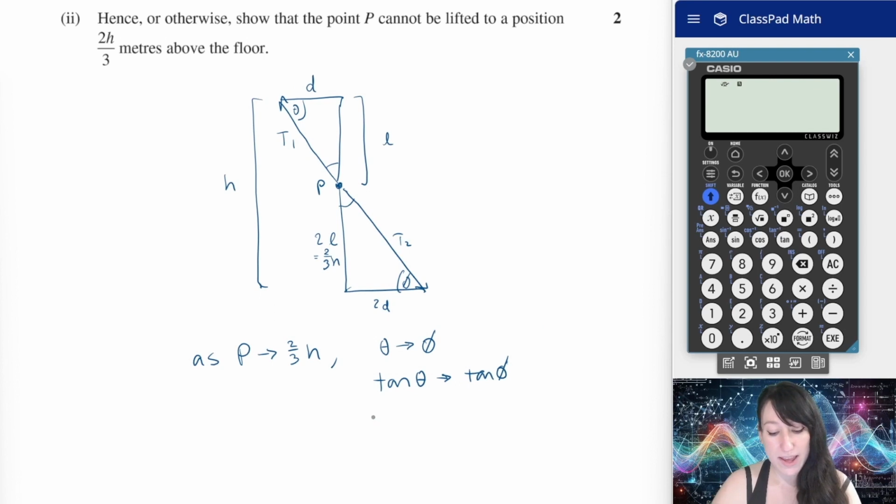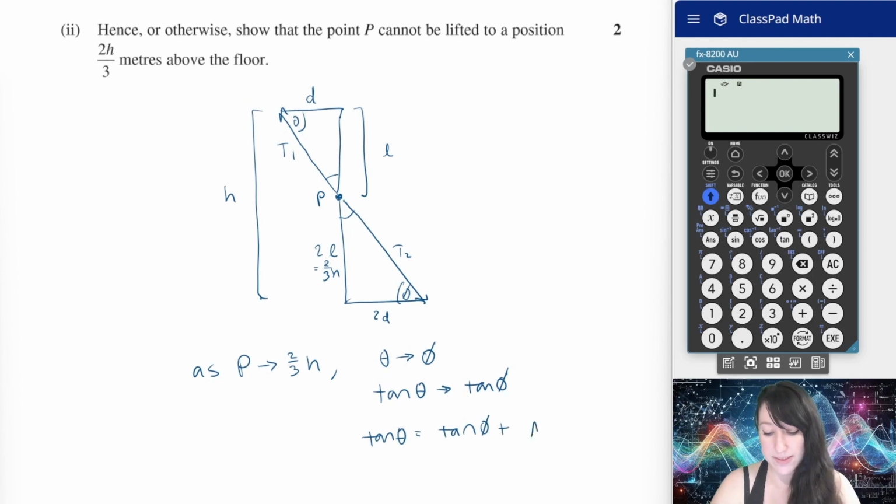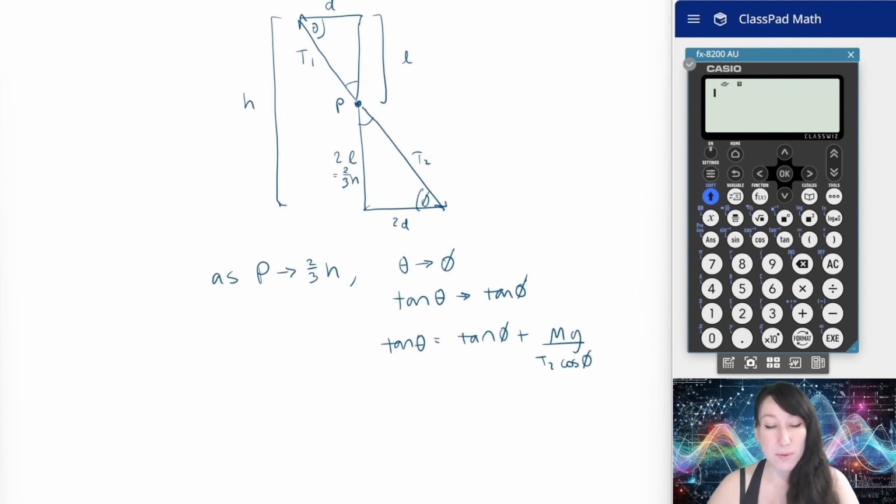And if that's the case, then tan theta will be approaching the value of tan phi. Now, from part 1, we had tan theta equals tan phi plus mg over T2 cosine phi. Now, if tan theta and tan phi are equal to each other, then they would cancel out on both sides, and we'd have mg over T2 cosine phi equals 0. mg is a constant.